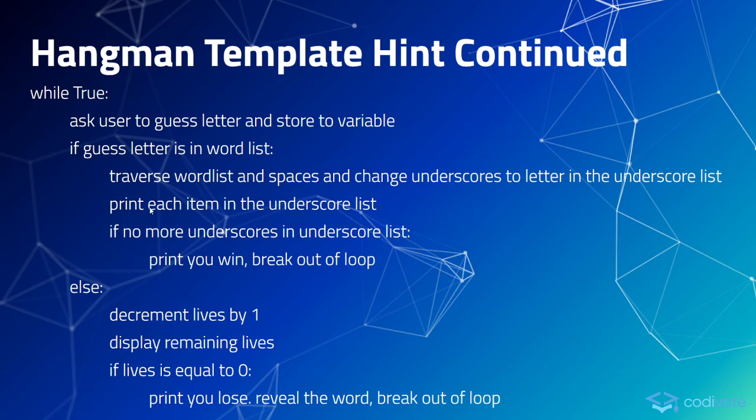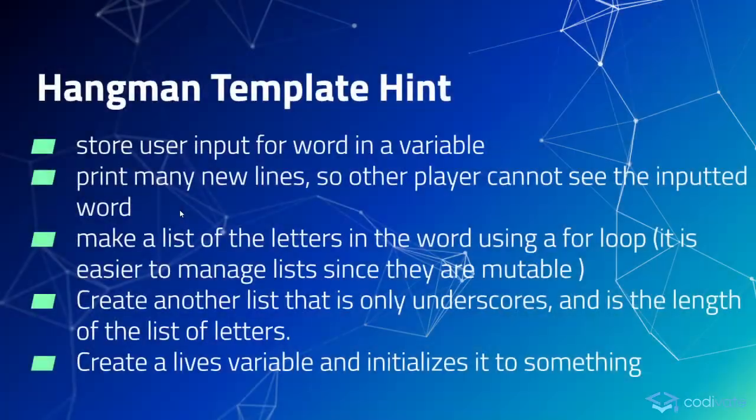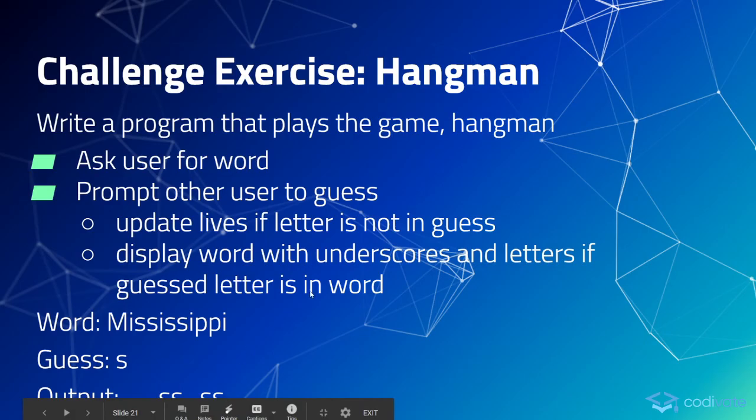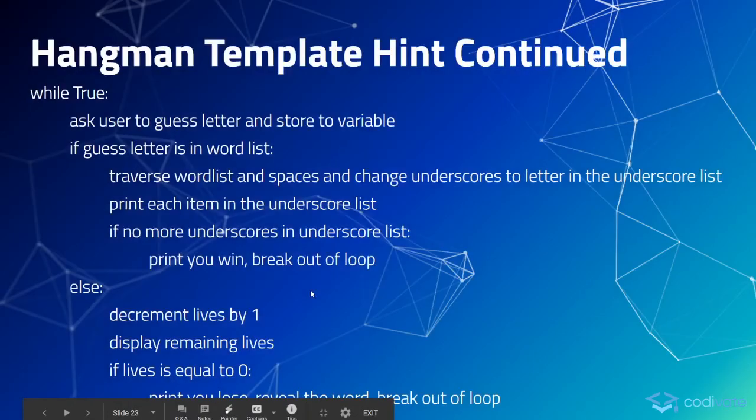Once again, after that, we have to print each item in the underscore list, which would be what we see here. We'd have to print this output out after each guess so the user sees the progress that they've made. And if the user made a successful guess and there are no more underscores in the list, which means that they guessed the entire word, we just have to break out of the loop because we are done.